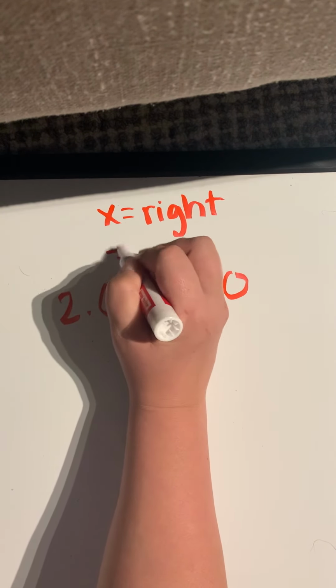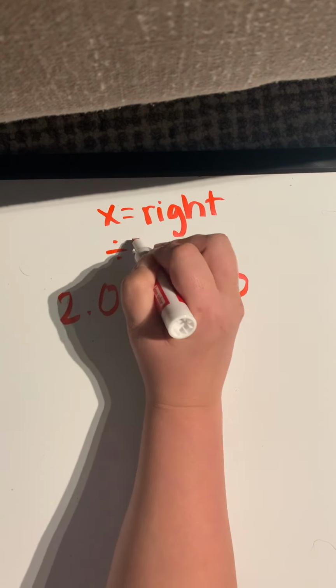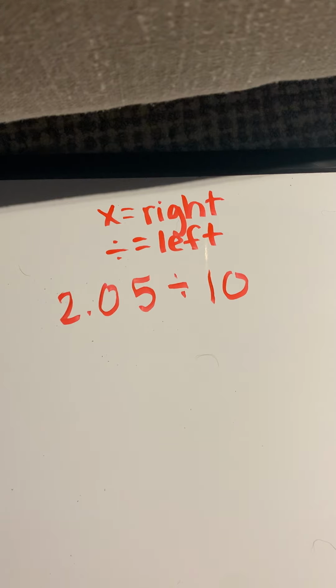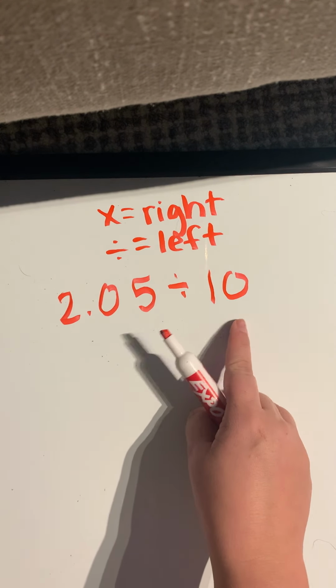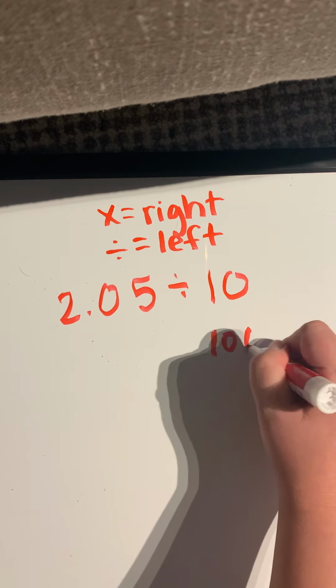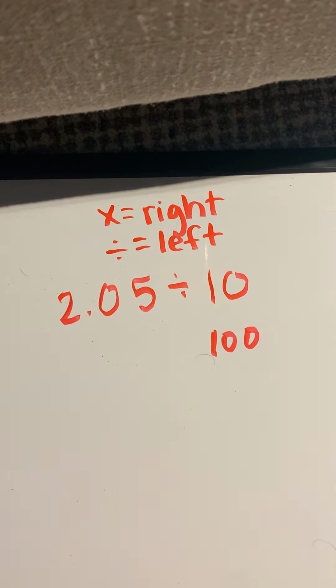When I divide, I'm going to move my decimal to the left. Now, this is a trick if you have 10, 100, or 1,000 as your wholes, okay? So make sure to remember that. This is only a trick if you have the zeros there in your whole numbers. All right, pause this video and give this one a try. If you know that division moves left, pause.